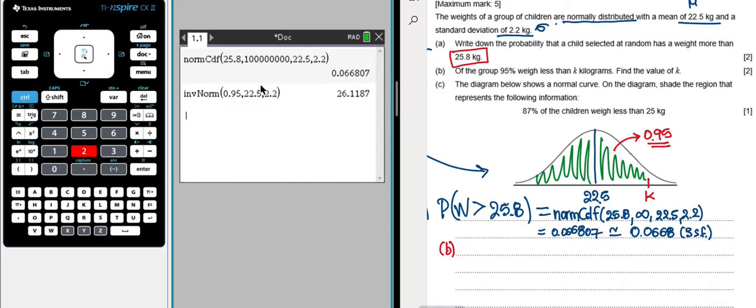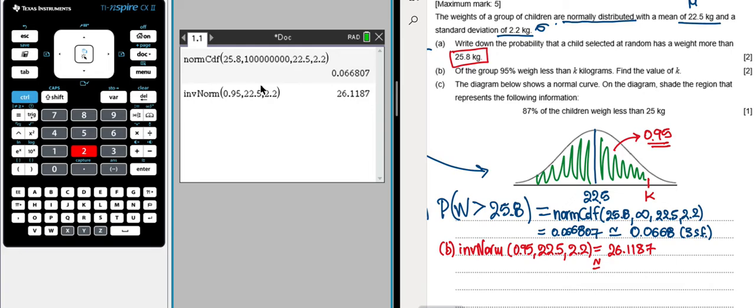Which is 26.1187. So let's write down the inverse normal of 0.95, 22.5, 2.2. Let's put the full answer that we have there, 26.1187, and then the rounded answer to 3 significant figures. Maybe I can fit it on the left now.